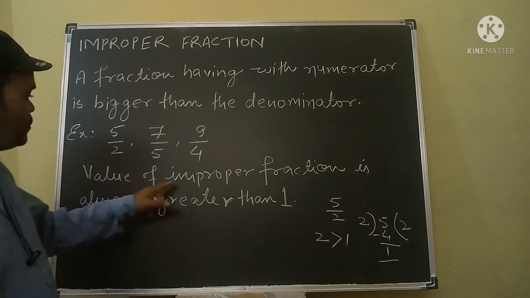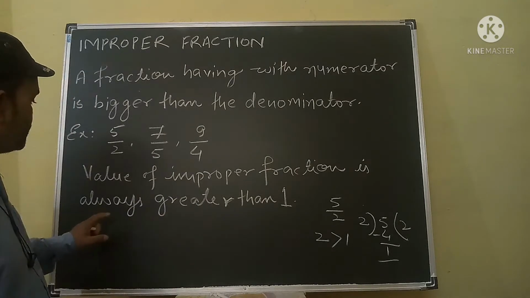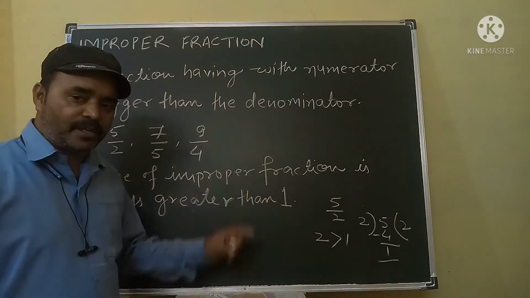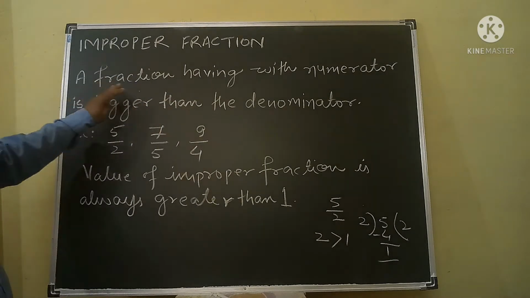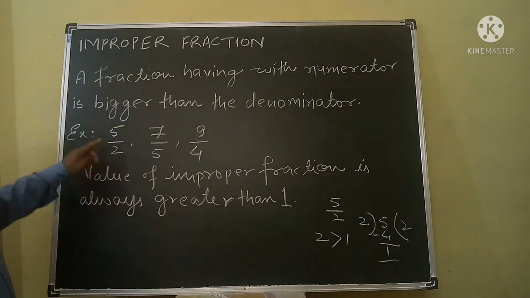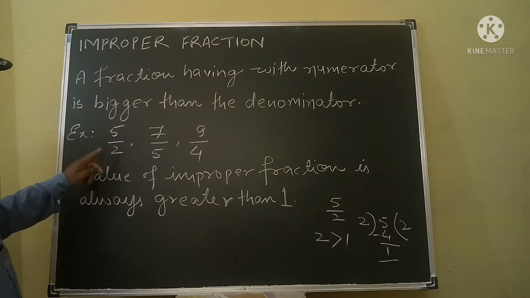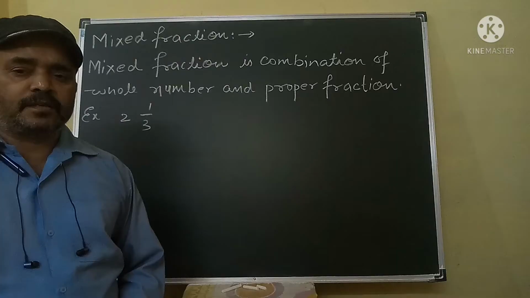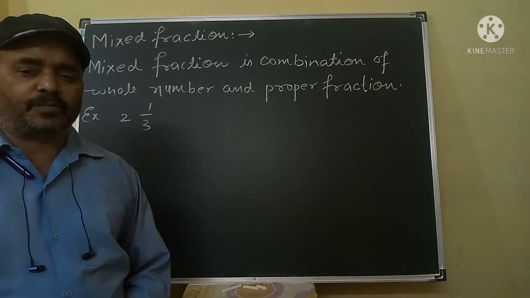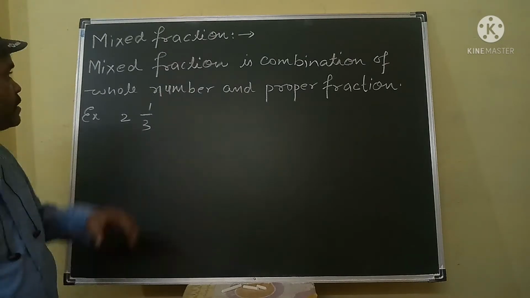That means the value of an improper fraction is always greater than 1. And what is an improper fraction? A fraction whose numerator is bigger than the denominator is called an improper fraction.